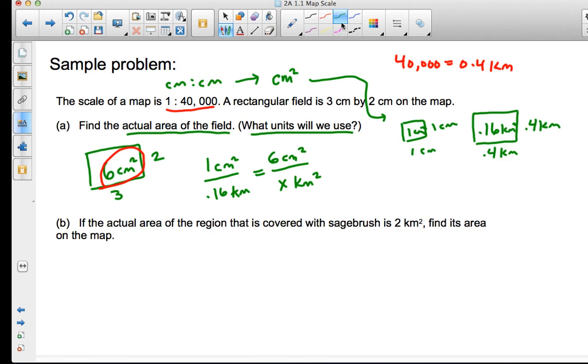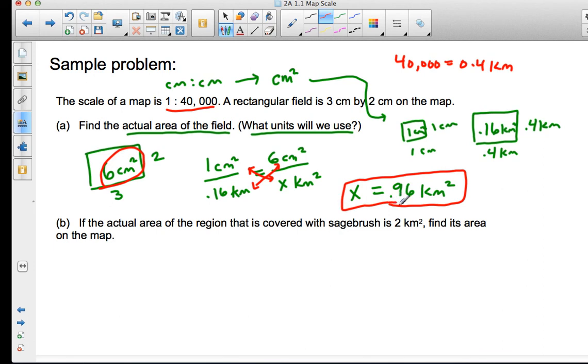I cross multiply. One times x is just going to get me x. I'm ignoring the units for now. 6 times 0.16 is 16 times 6 is 96, but I have 2 decimal points. And now I slap my units back on. So my answer, the actual area of the field, is 0.96 square kilometers.